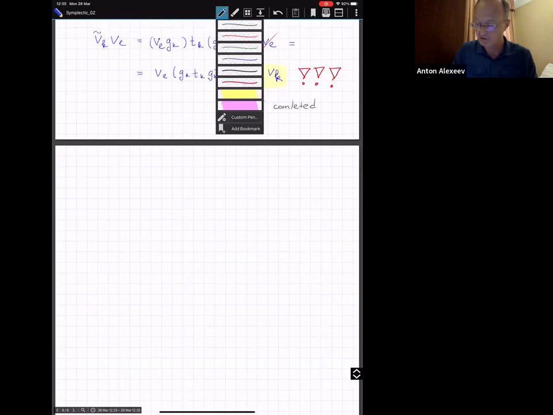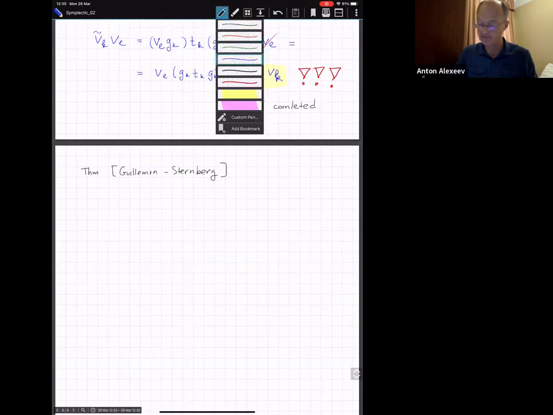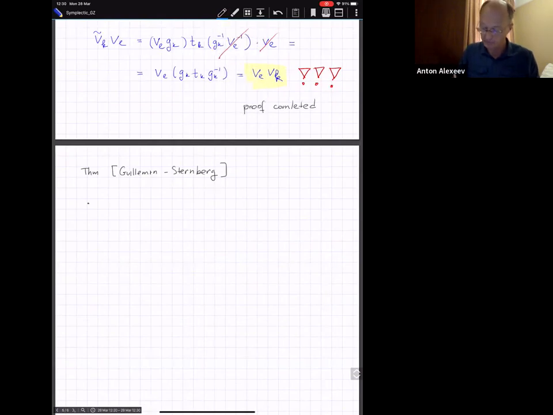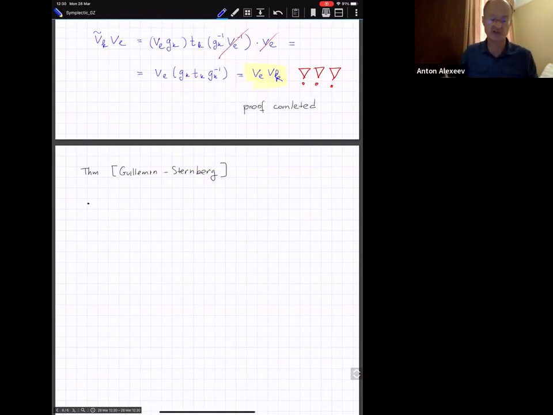Okay, here is a theorem. And it's about 40 years ago, due to Guillemin and Sternberg. Okay, so there are two statements. There are many more, but let me phrase it in that way.